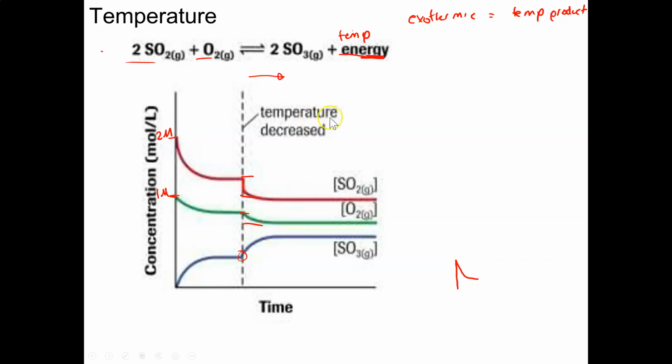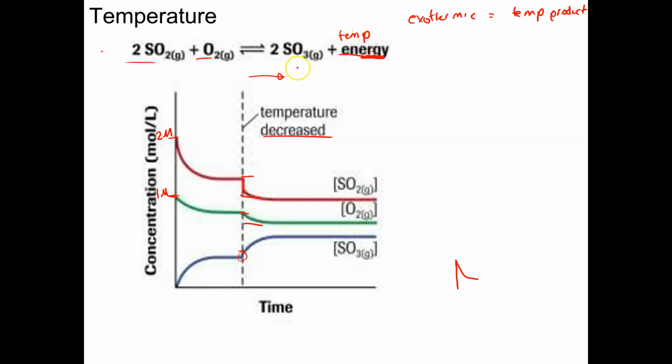So what did they do? What was the stress? Temperature decreased. How can you tell that? Well, one, it tells you. But the other reason is because you favor the product side and temperature's there. Remember, whatever side the chemical is being decreased, you're shifting in that direction. So the fact that you are favoring products indicates that you're favoring the side that's going to make your temperature go back up.